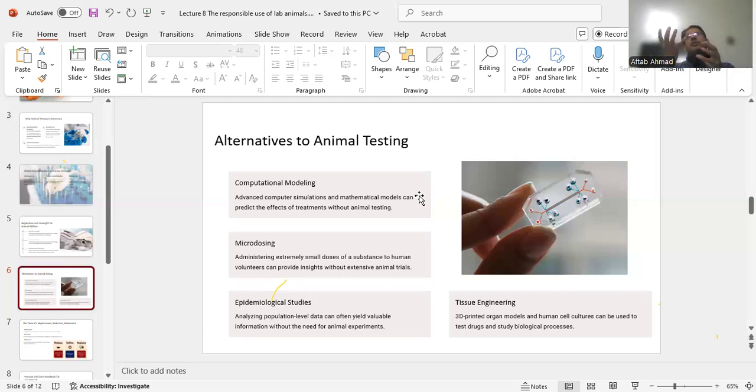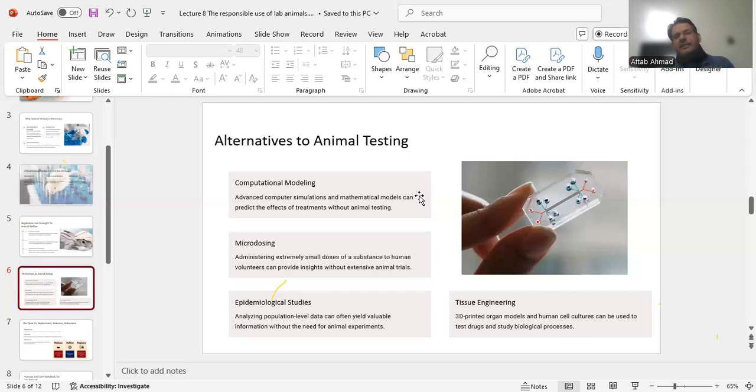For example, we can grow a miniature beating heart in the laboratory, or a piece of liver, a piece of a renal organ, a piece of bladder, or a piece of skin, and then test the drugs on those. This is very much humanized. So in that case, we specifically know whether the drug is acting on the cells or not.